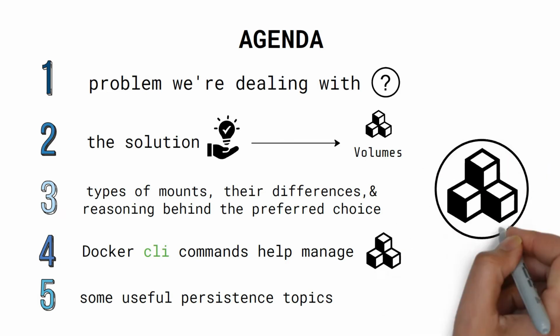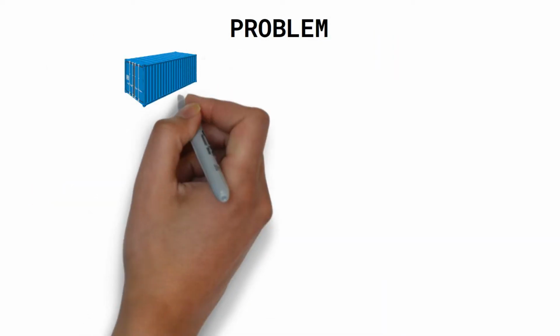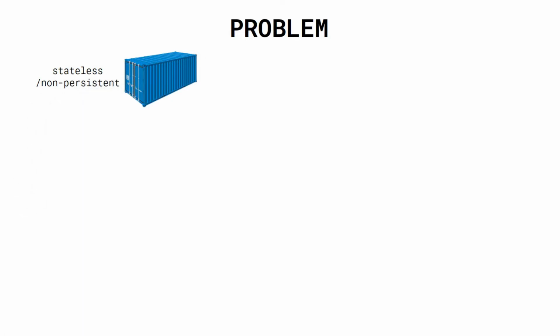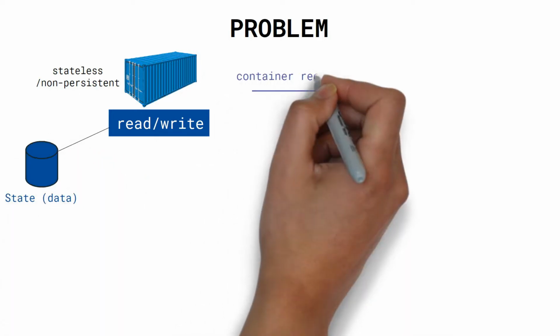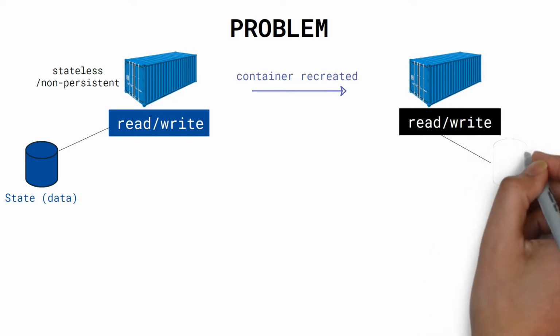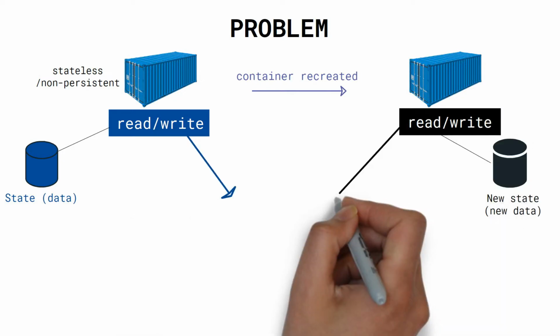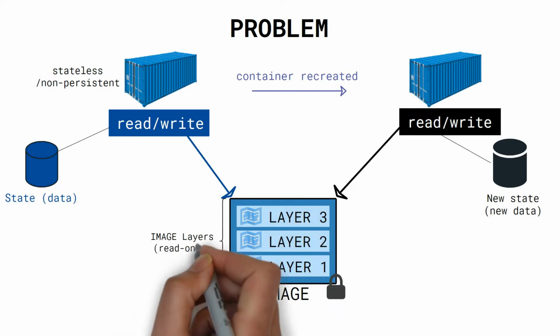Before we get into what volumes are, let's first try to understand what problem they are addressing. Containers by themselves are stateless, meaning the data they contain are lost when the container is recreated. This is because containers only form a thin read-write layer on top of the specified Docker image.